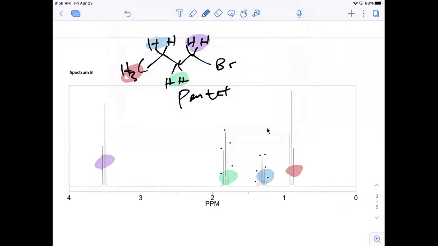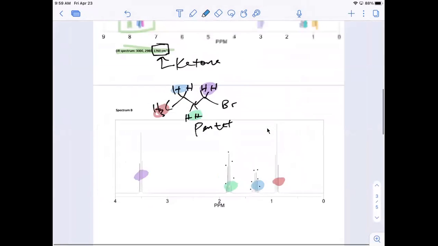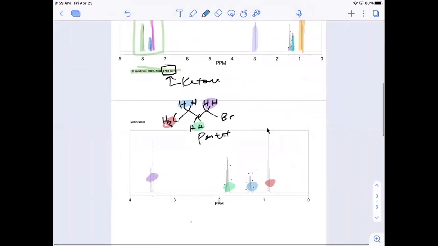So that's how we apply NMR and infrared. We didn't talk about mass spec, but that's how we apply these techniques to synthetic problems. We do a synthesis, then we take the NMR, and then we go through the NMR and resolve it that way. We've got to stop here because it's 9:59.